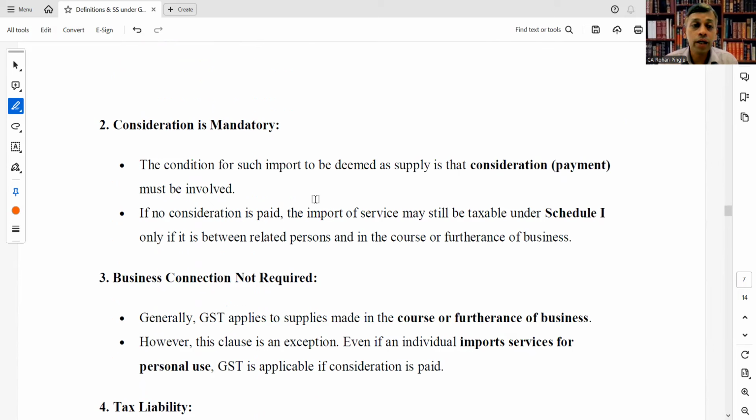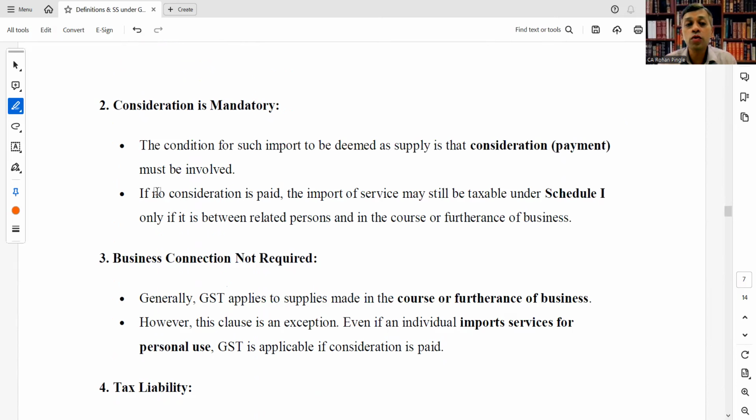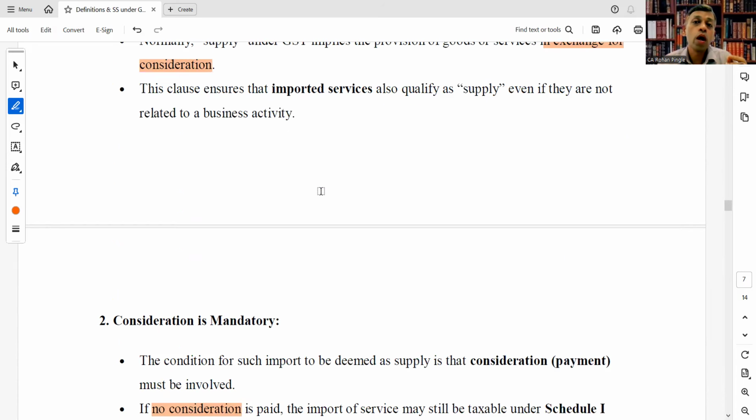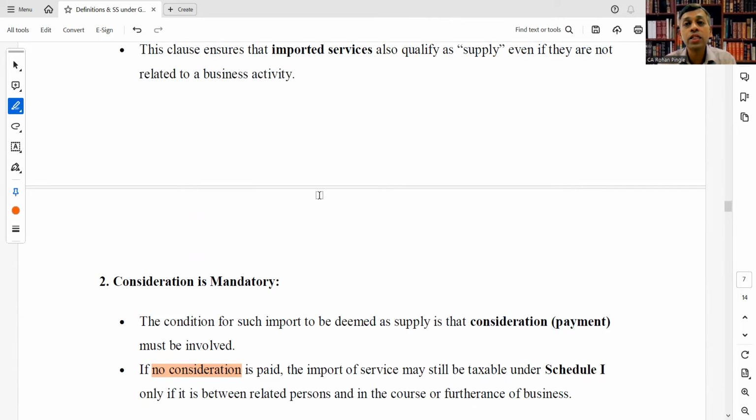Consideration is mandatory. The condition for such import to be deemed as supply is that consideration, payment, must be involved. Whatever import of service you have done, the main factor is that the consideration must be there.